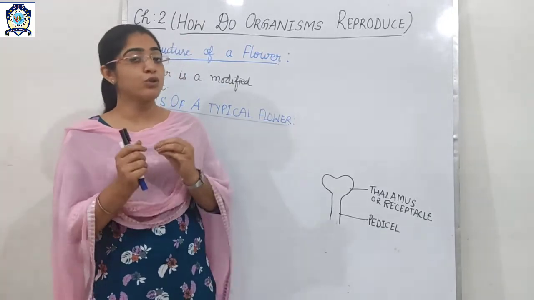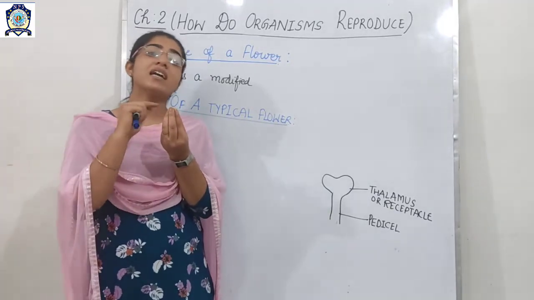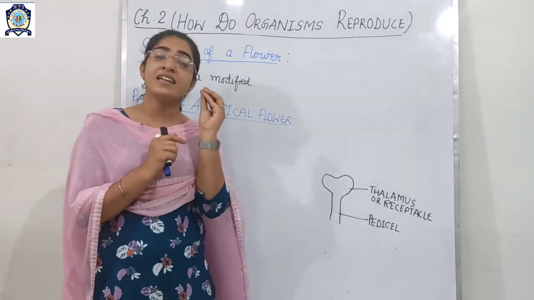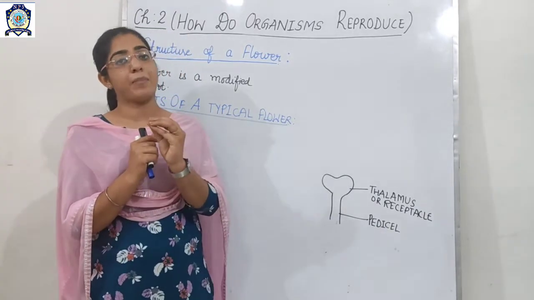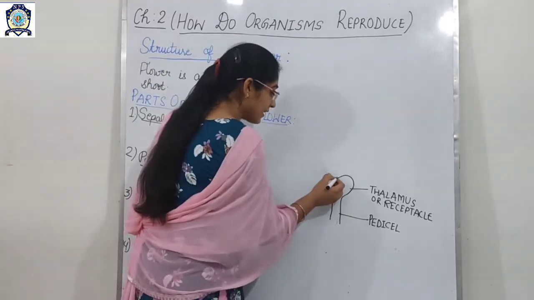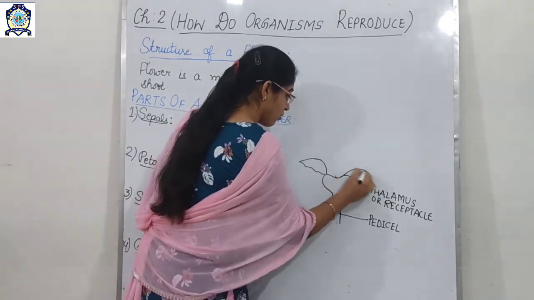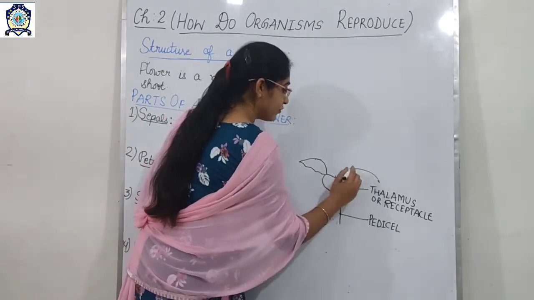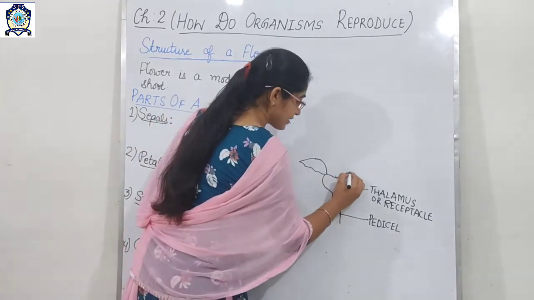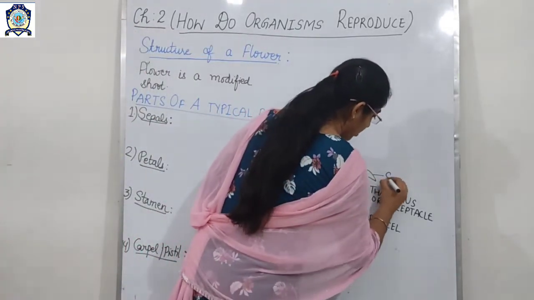In the bud condition, the flower is totally covered by green colored leaves, and those green colored leaves which protect the inner parts of the flower are called the sepals. So sepals are small green colored leaves, or simply you can draw them like this, and if you have to draw the same kind of leaf here, in this way. These green colored leaves are called the sepals.